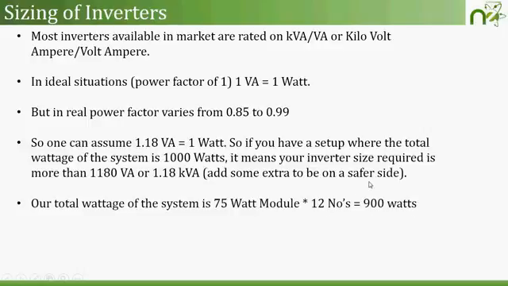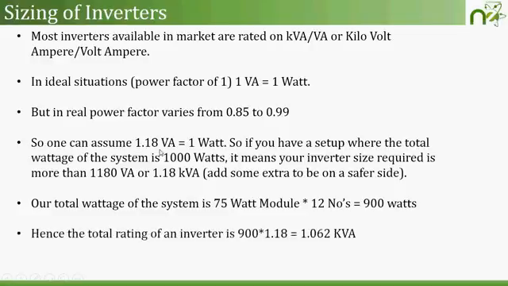So the total solar system will be 900 watts. In order to get the rating of an inverter, I need to multiply it by 1.18. So 900 into 1.18 will be 1.062 kVA. This is the inverter rating that we need.